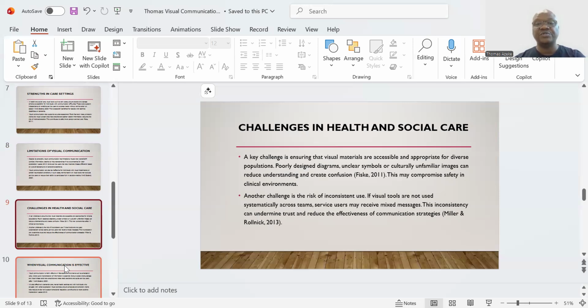Another challenge is the risk of inconsistency. If visual tools are not used systematically across teams, service users may receive mixed messages. This inconsistency can undermine trust and reduce the effectiveness of communication strategies.